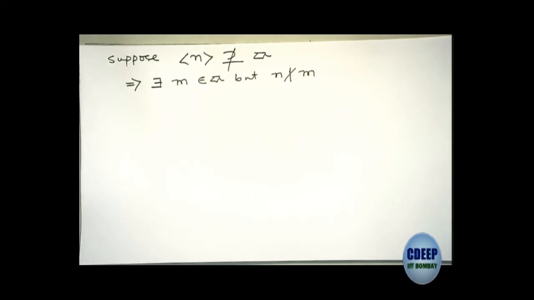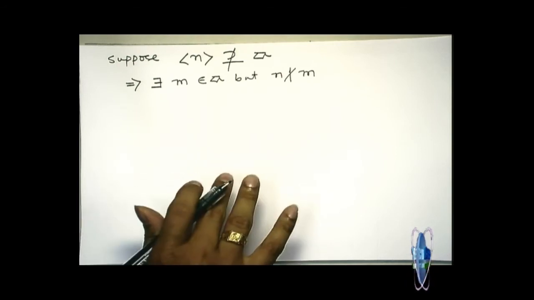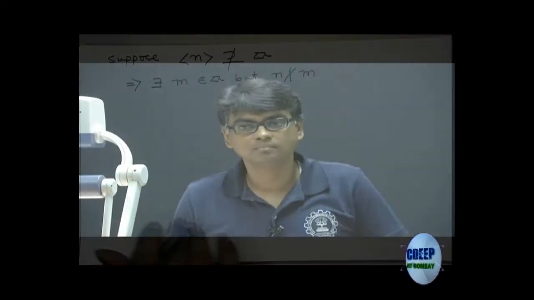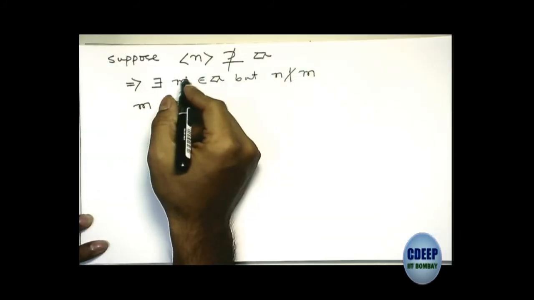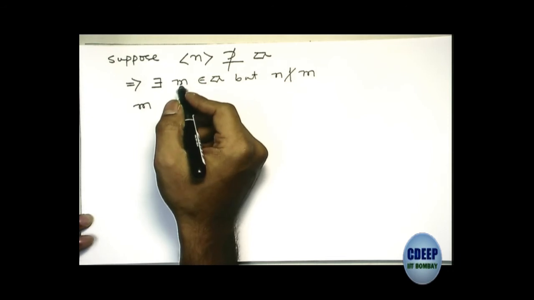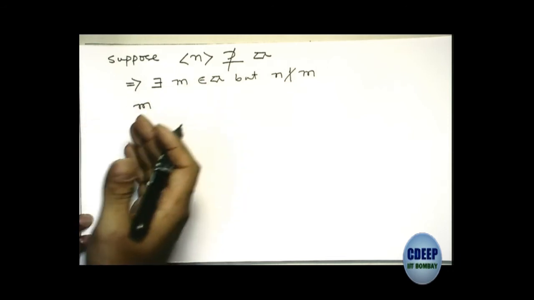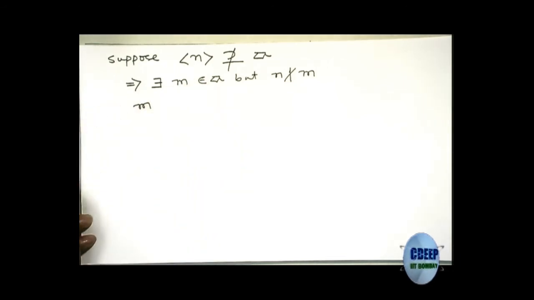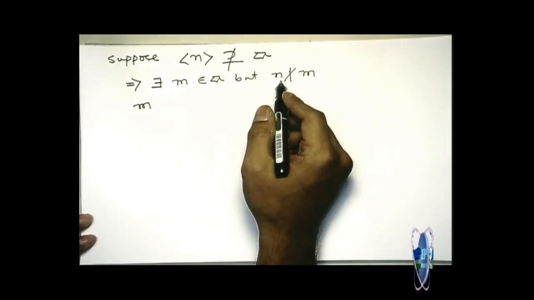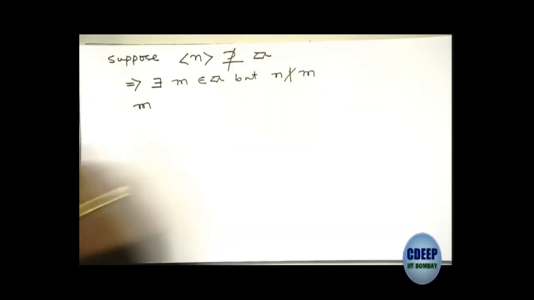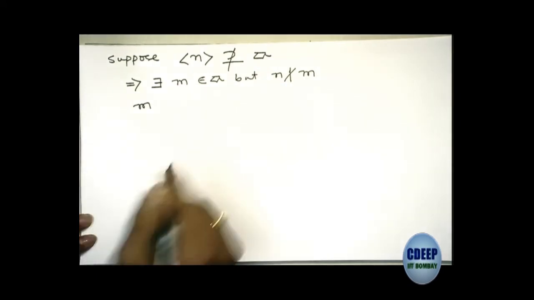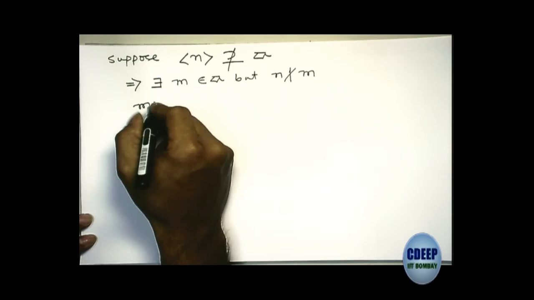Correct? Everybody with me? Is this all right? Yes, sir. By the way, we can assume that M is positive, because if M is not positive, we multiply it by minus 1 and make it positive. It is still a part of the ideal. And if M is not a multiple of n, minus M is also not a multiple of n. So M can be assumed to be positive.